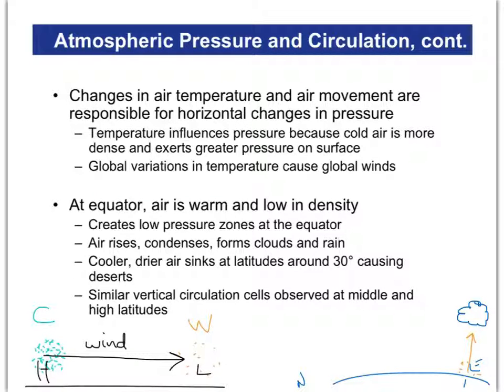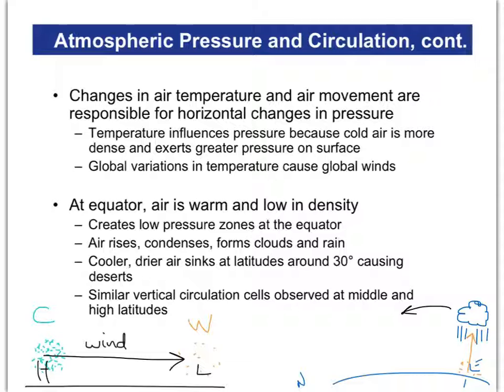You know that when air gets cold enough, we talked about in the previous section how cold air can hold less water vapor, and so when it cools to a certain temperature, it condenses. It rises, cools, and condenses. Well, it's got to go somewhere when it rises up, and usually what happens is that it circulates towards the North and the South Pole. So it can go that way, it can go the other way as well.